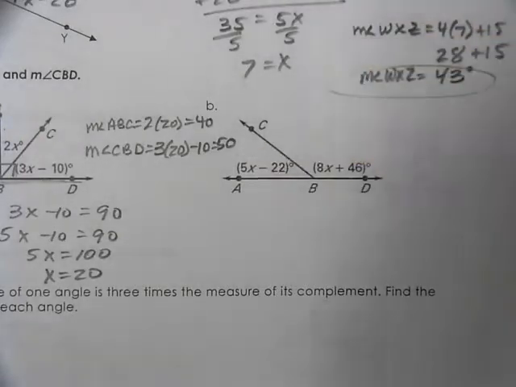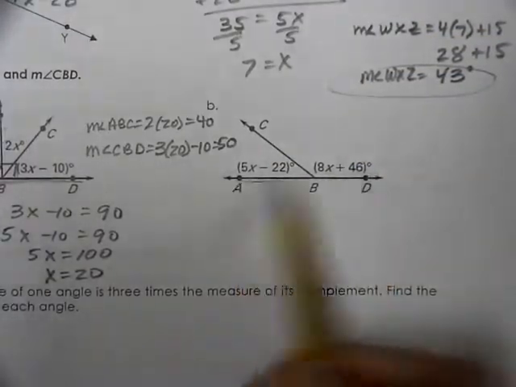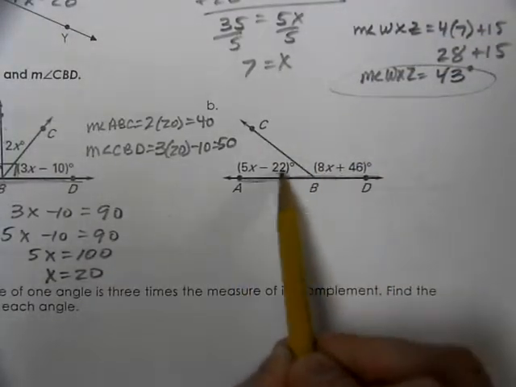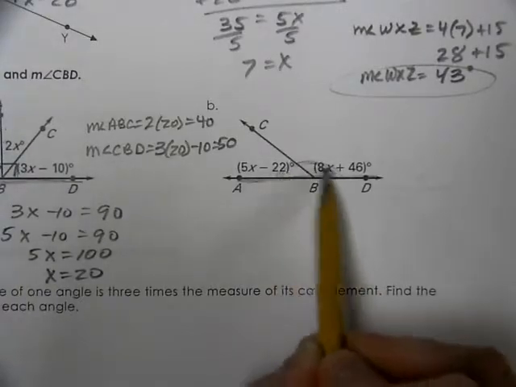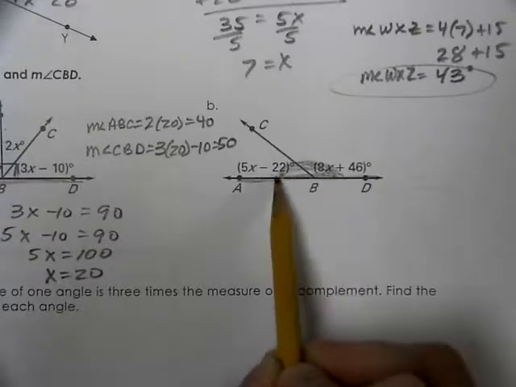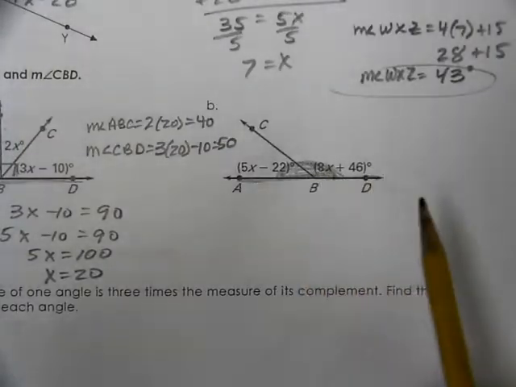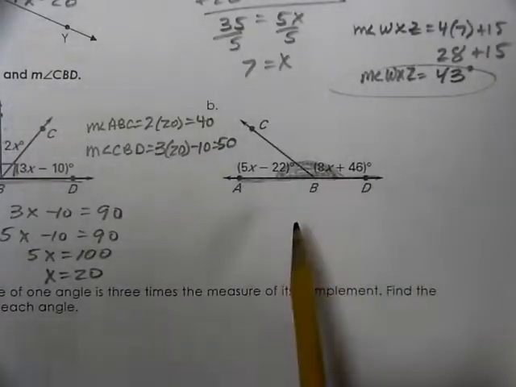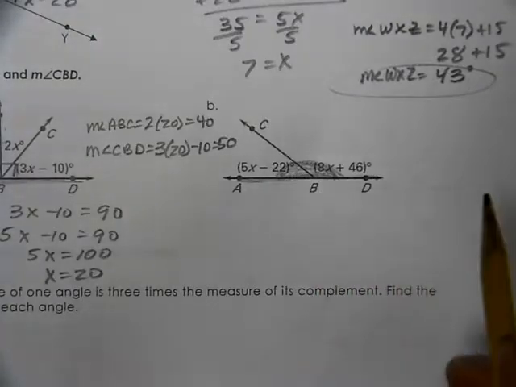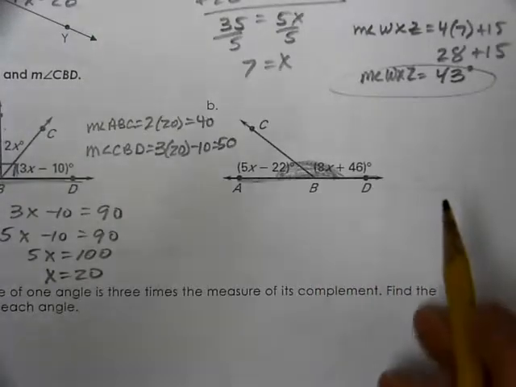For our next one, we see again we have the straight line. We have two angles that are making up this entire half circle. Okay, they have the same vertex, they're adjacent, they're called a linear pair. They're supplementary because they form a straight line.